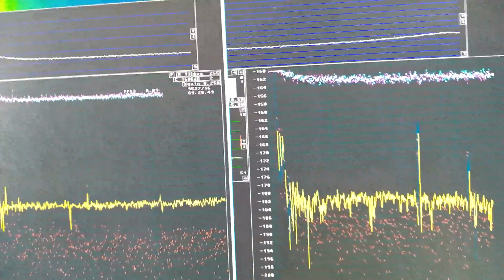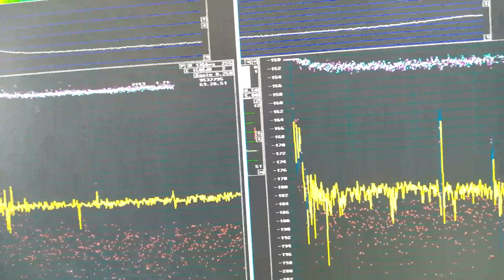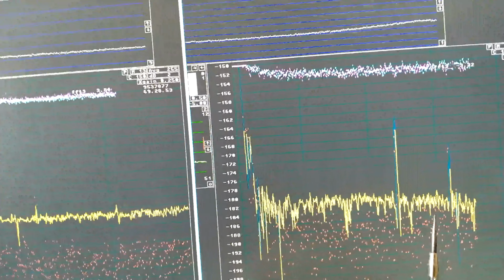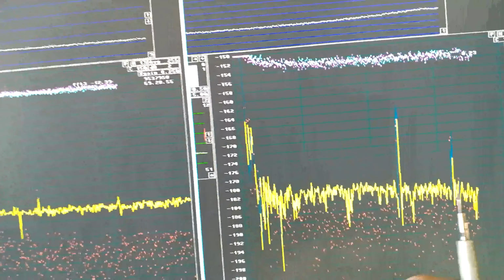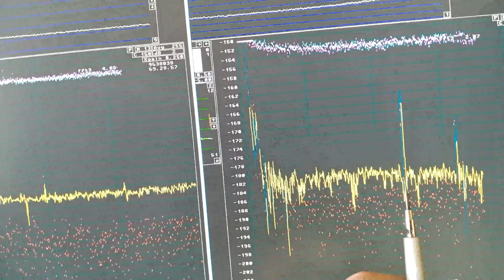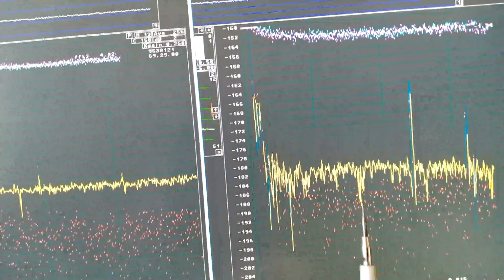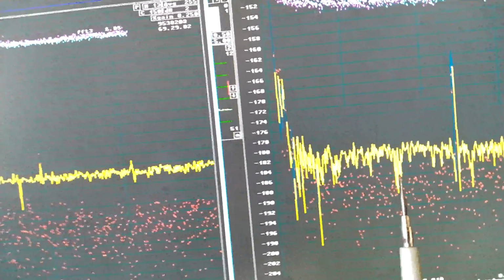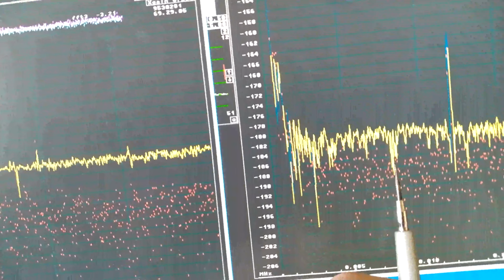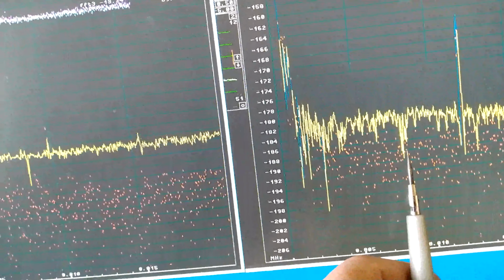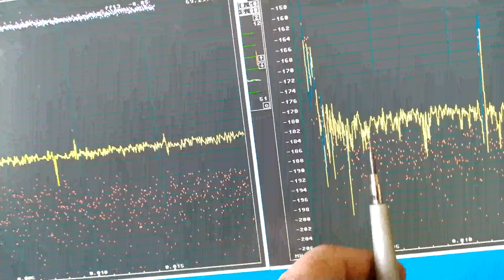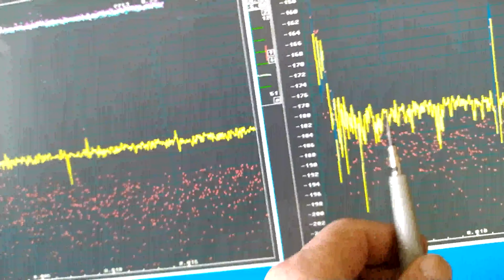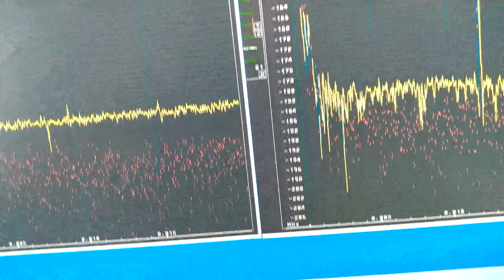But when looking at this graph, from here to here is about 4 kilohertz. Here is something going negative, a spur, 4 kilohertz below, and here at 4 kilohertz I have some structure.